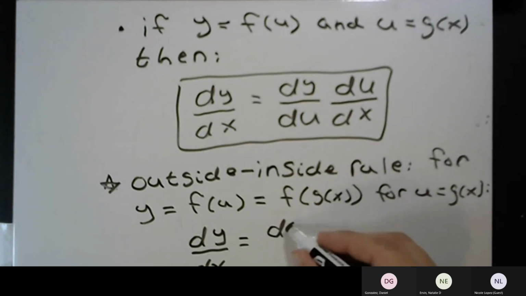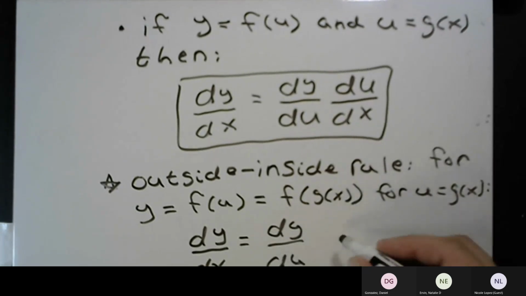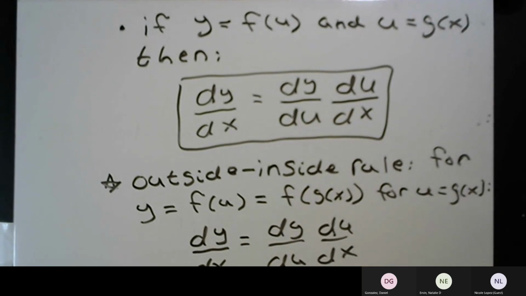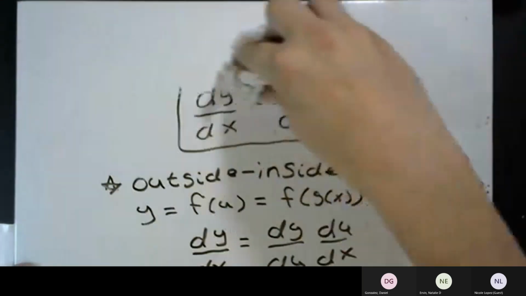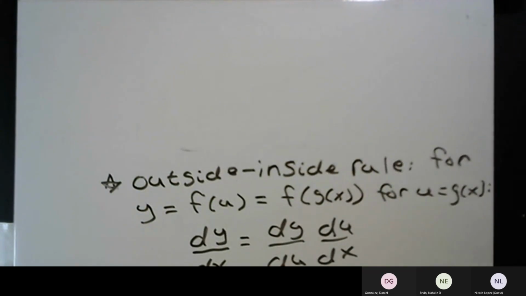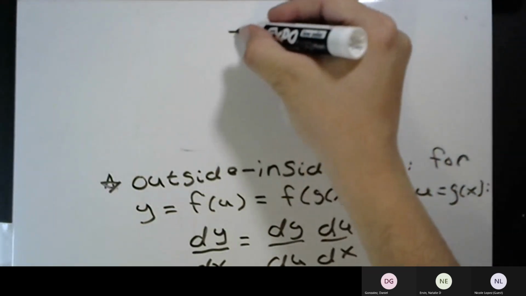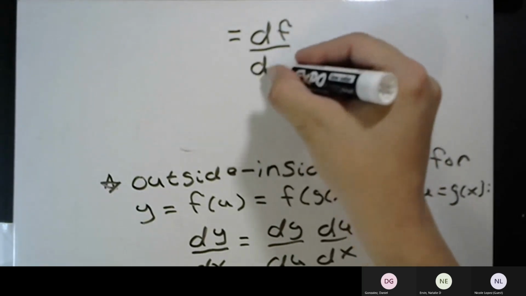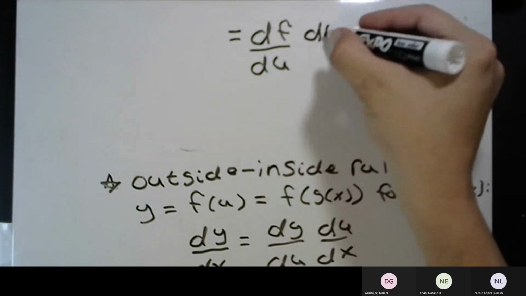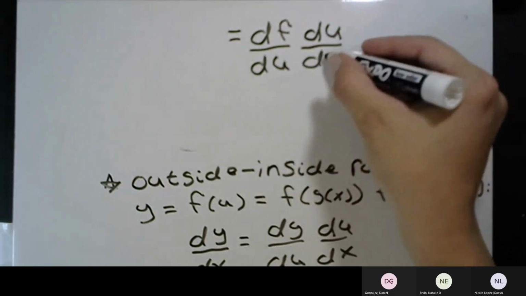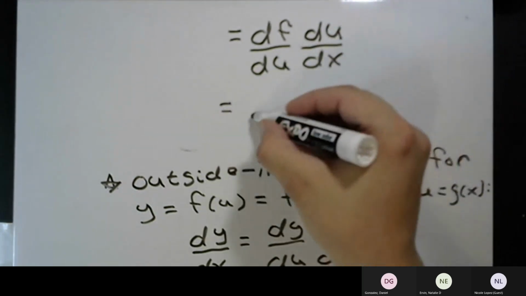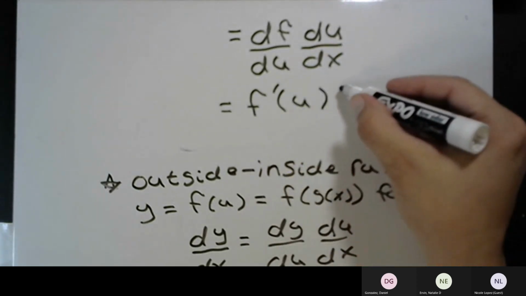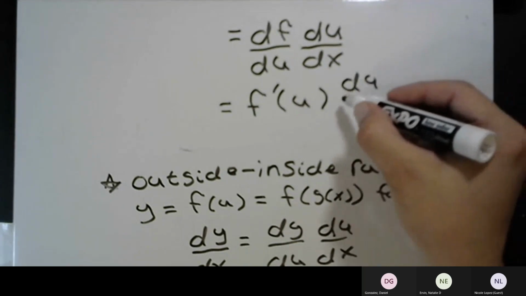And we'll start out with our dy/du du/dx. And then you can call this df/du du/dx. Or we can call this f prime of u and then du/dx.